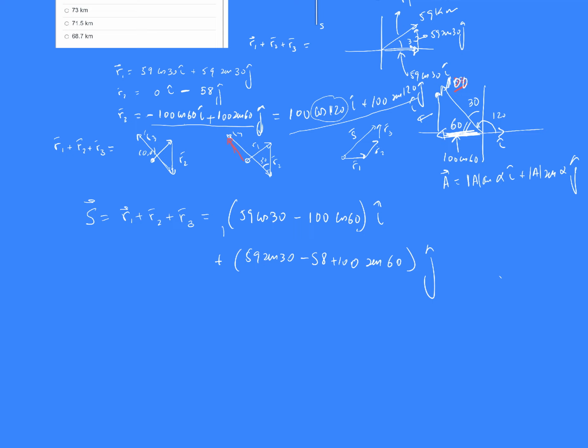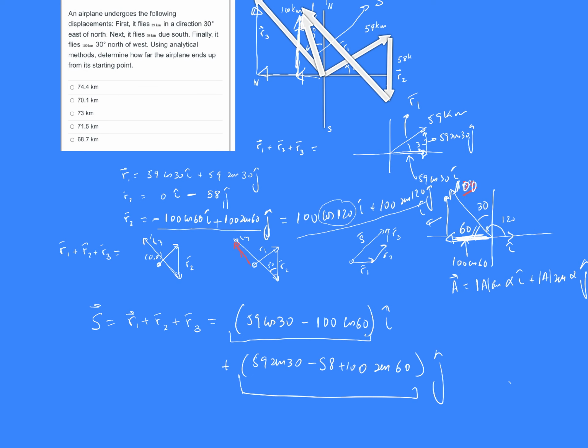So this vector sum has an x component and a y component. The problem is asking me for the magnitude of the vector sum. So it's asking me what this magnitude is. This is the sum, R1 plus R2 plus R3. I have the vector.